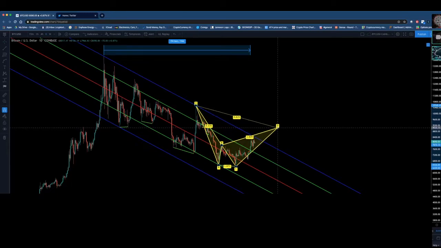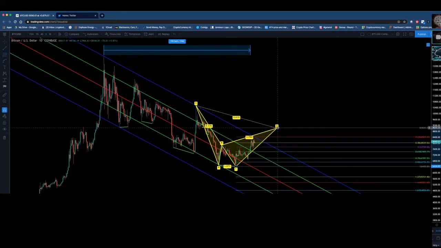Basically that breaks us out of that channel, and then you'd probably see a retest back of the top of it, which is perfectly fine and healthy.